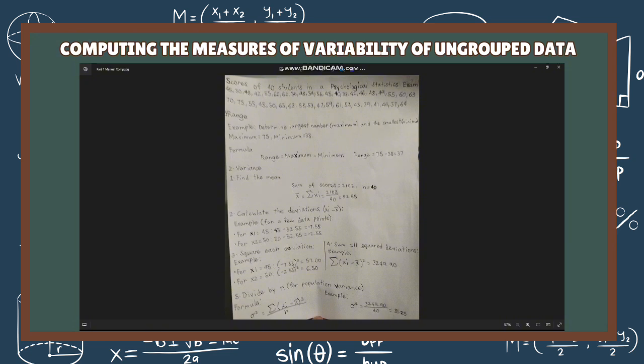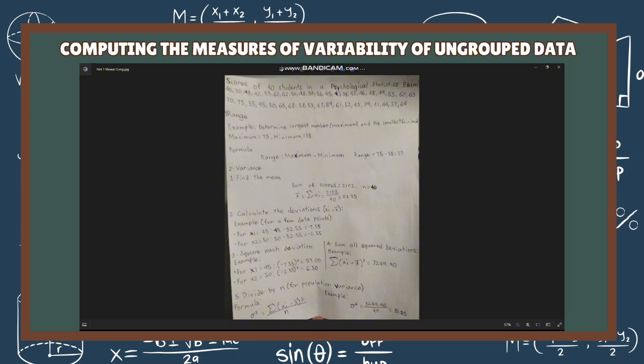Then step 2, subtract the minimum value from the maximum value. This gives the range of data showing how spread out the values are. So our formula will be the range equals highest score minus the lowest score.